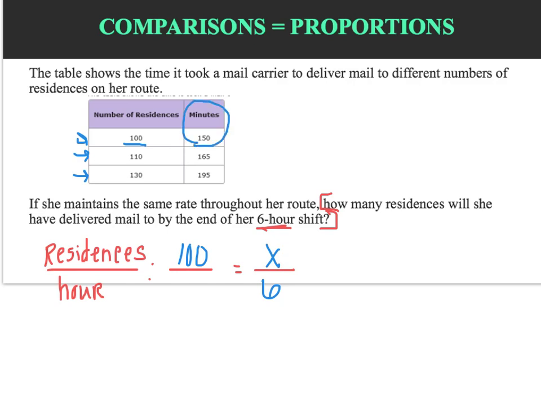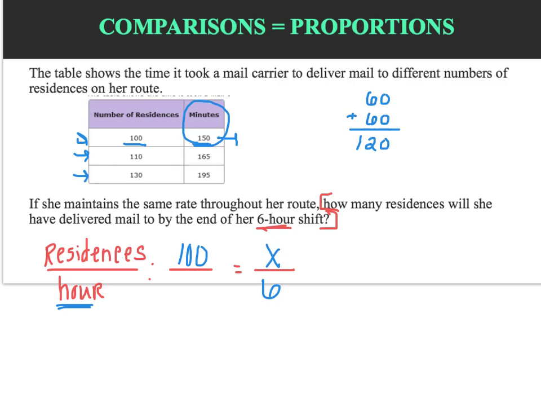So I don't want to put the 150 in my proportion because that's minutes. And remember, we are comparing with hours. So I need to figure out how I'm going to turn minutes into hours. Okay? So if I think about it, I know 60 minutes is 1 hour. Another 60 is 120. So 120 minutes is 2 hours.